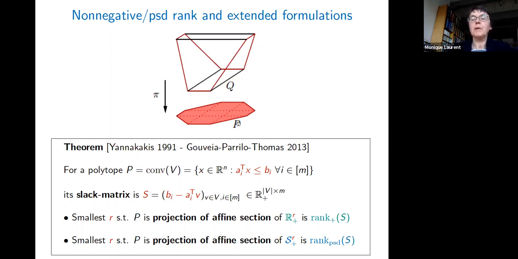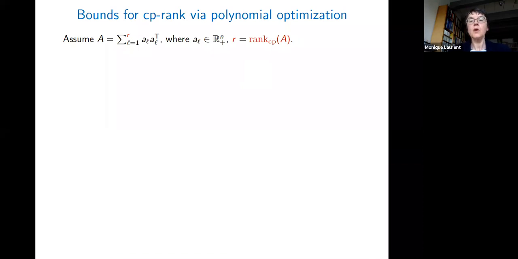And if you want to represent P as a projection of a spectrahedron using the smallest possible size PSD matrices, this is the PSD rank of the slack matrix. So it's just to illustrate that these ranks have wide applications. So this is my last slide.